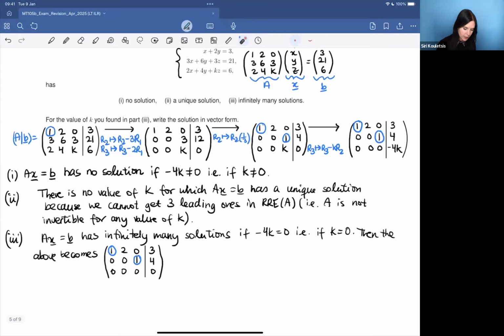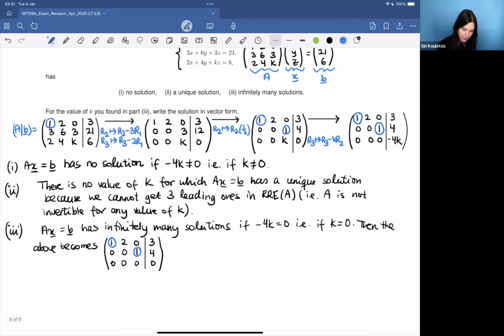And furthermore, since we are missing here a leading one in the second column, we can treat y as a free parameter.